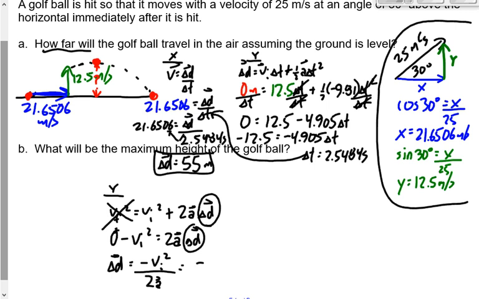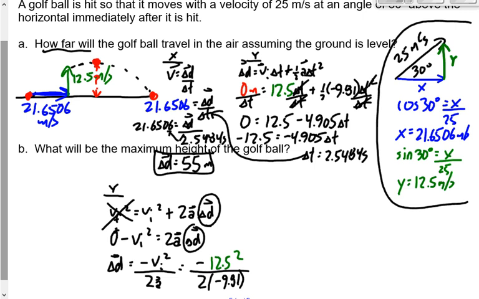Remember, we're talking about VI on the y-axis here because we're analyzing the y component. Divided by 2 times the acceleration due to gravity, negative 9.81. You say negative 12.5 squared. Remember, you're only squaring the 12.5, not the negative. Divided by 2 times negative 9.81.